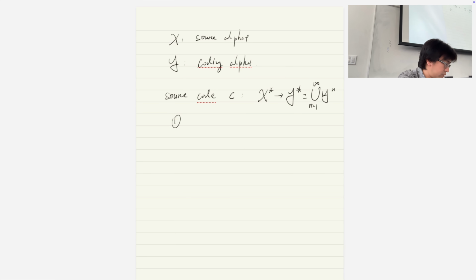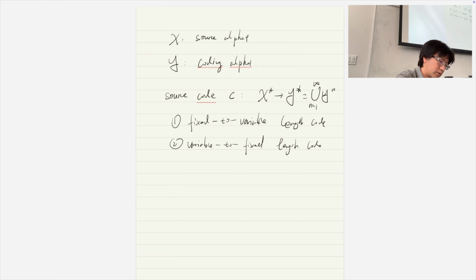So basically, what we do here is: first, we have a fixed to variable length code. Second, we have a variable to fixed length code.